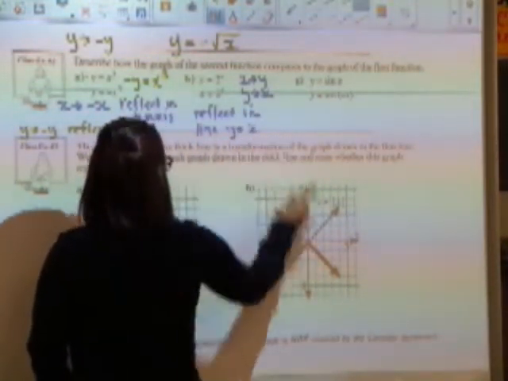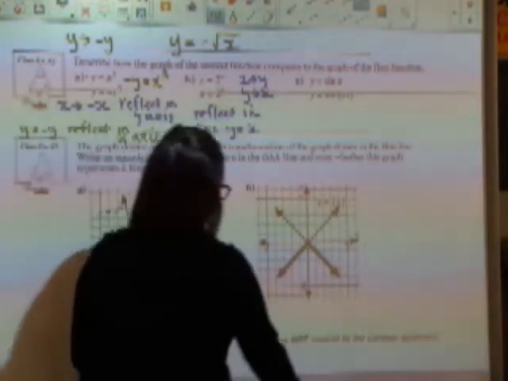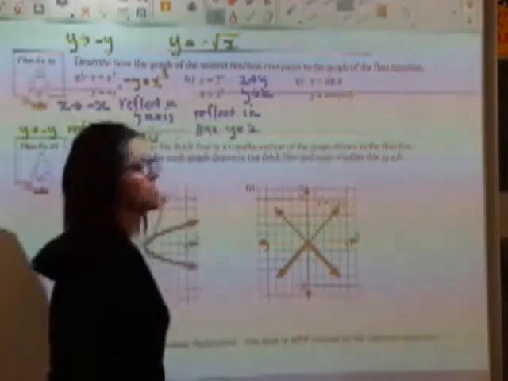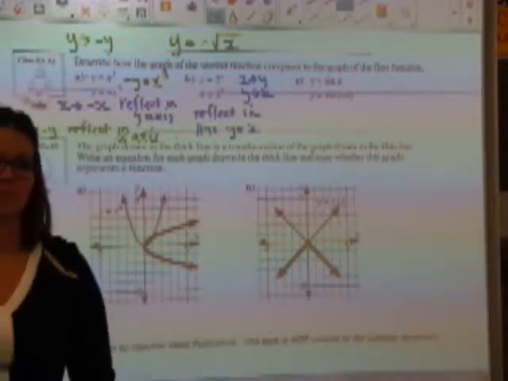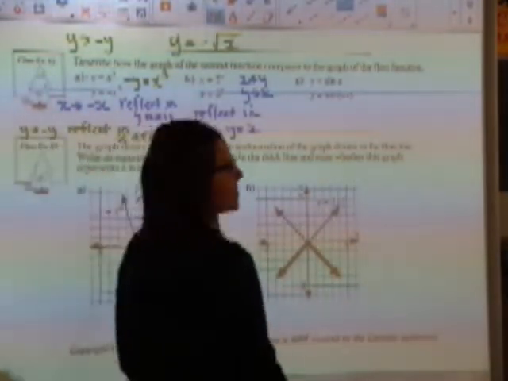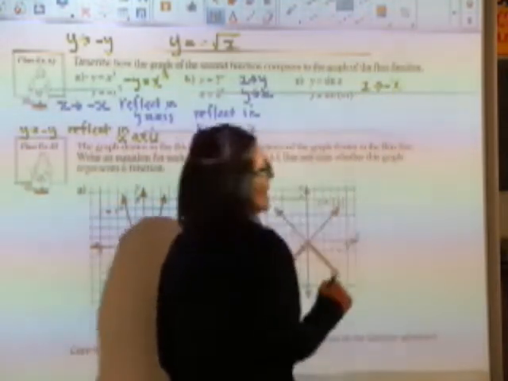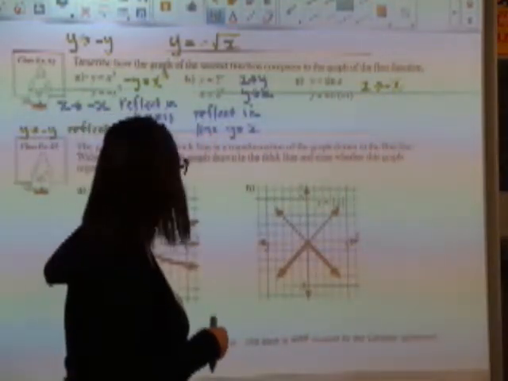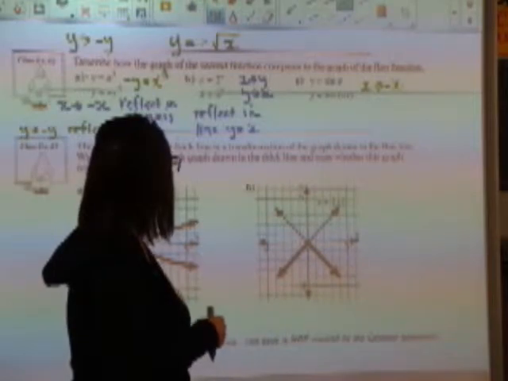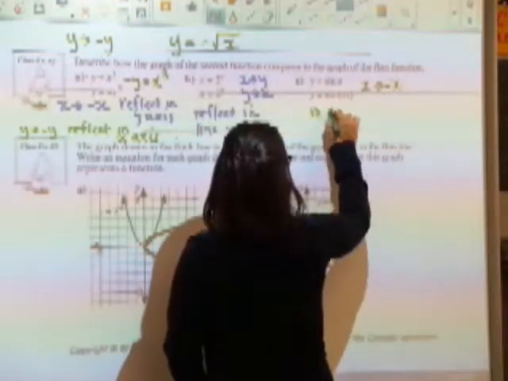So reflection in the line y equals x. And then the last one, I have y equals sine x and y equals sine of negative x. What's my replacement? X with a negative x. So if I replace x with a negative x, what is my reflection? To the y-axis. Reflect in the y-axis.